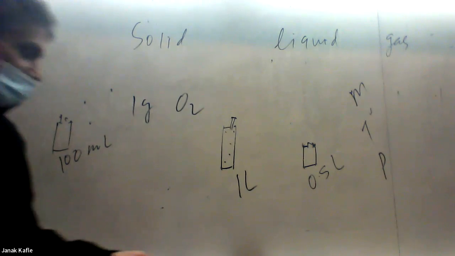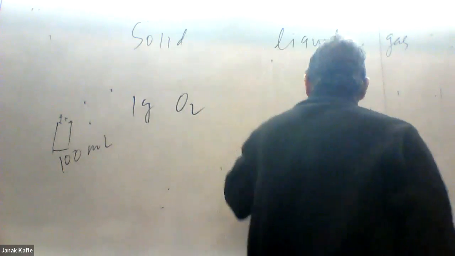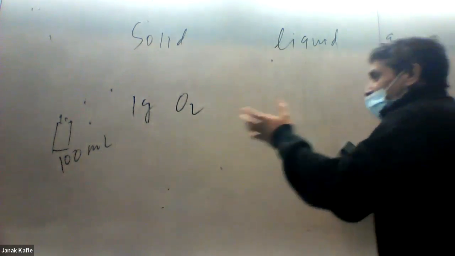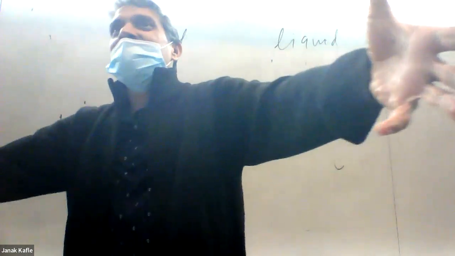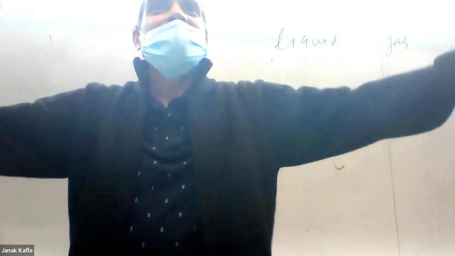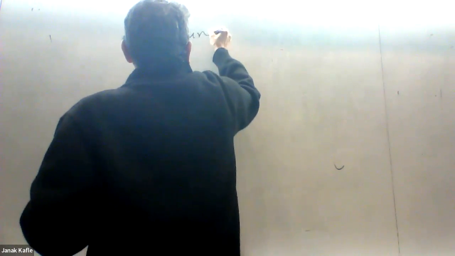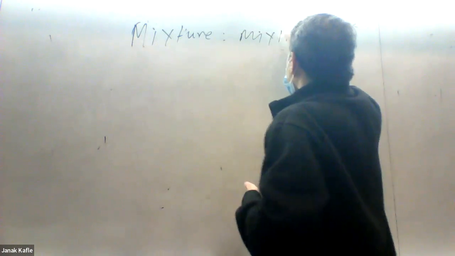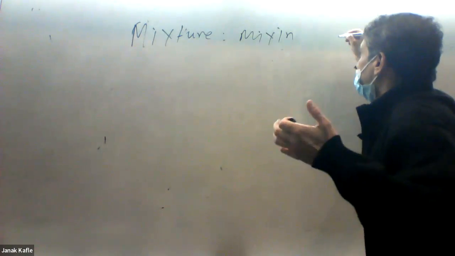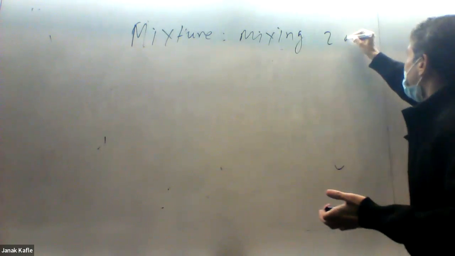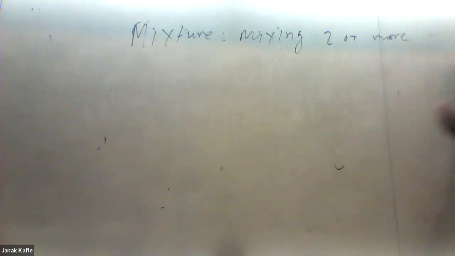So now let's talk about the mixture. I already told what a mixture is. Mixture means that you take 2 or 3 things and you can dump together how much you want, right? So mixture means mixing 2 or more things in any ratio we like.